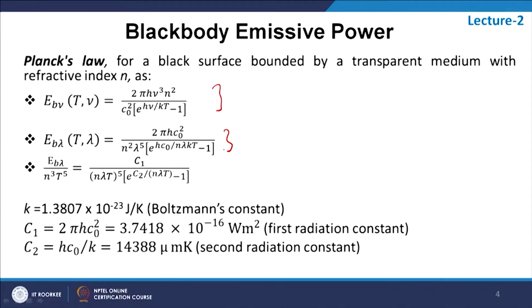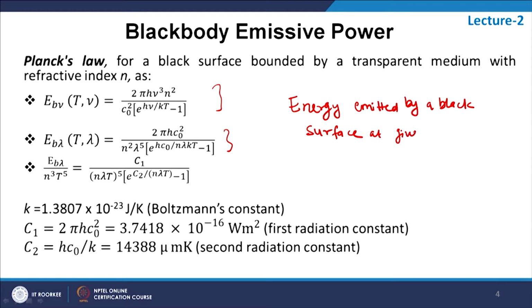He came up with this expression of the Planck function, and what it represents is the energy emitted by a black surface at a given wavelength per unit time. This is the Planck function or black body emissive power.